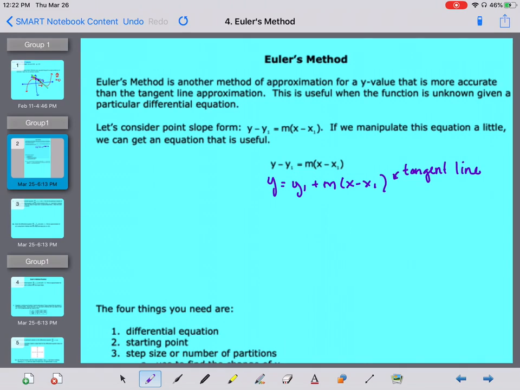If we think about this, x minus x1 represents the change in x. We first saw that idea when we were talking about our Riemann sums and things like that. So I'm just going to replace this with the idea of change in x. Of course, x2 minus x1 is our change in x.